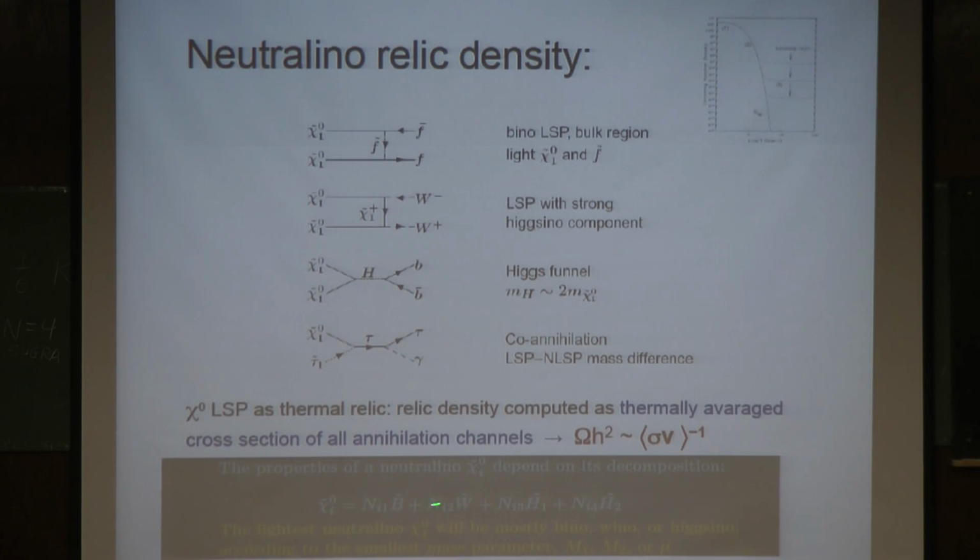So it's a combination of all these gauge eigenstates that makes this particle. And depending on its composition, the way we interpret our data at the LHC is important for whether we exclude it or not.